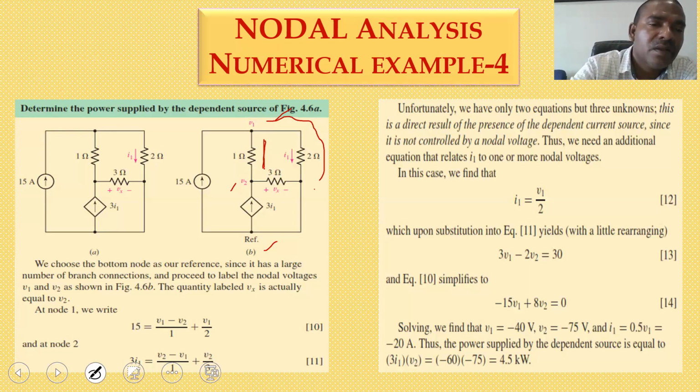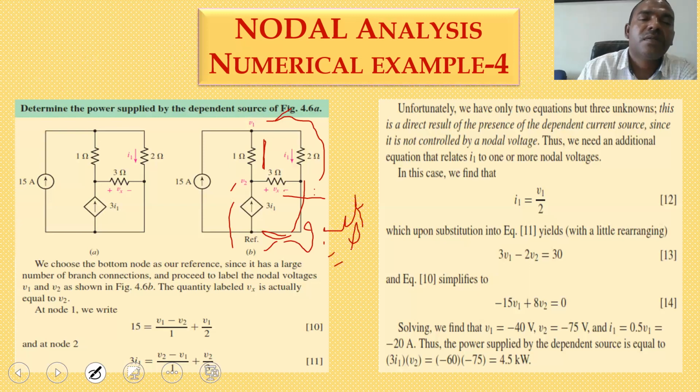One is the 1 ohm resistor current, another is the 3 ohm resistor current, and another is the dependent current source. So 3 times I1 is equal to (V2 minus V1) by 1 plus V2 by 3, because all this part is connected to the reference, and the reference voltage must be equal to 0.